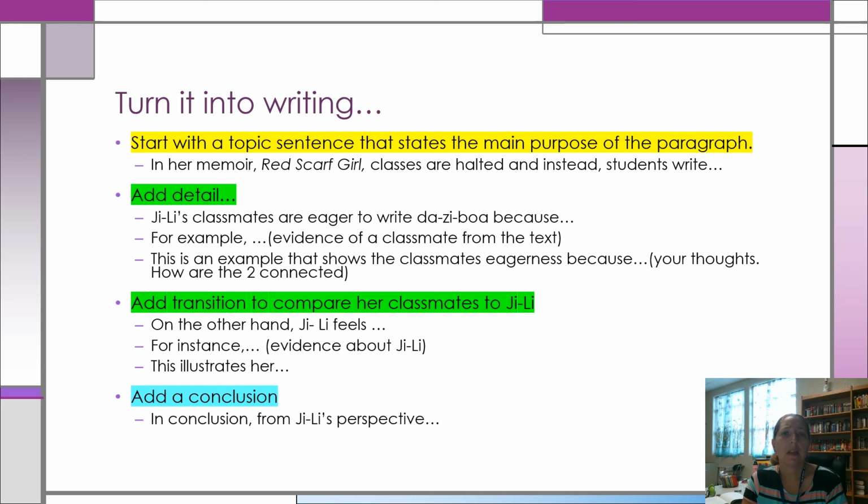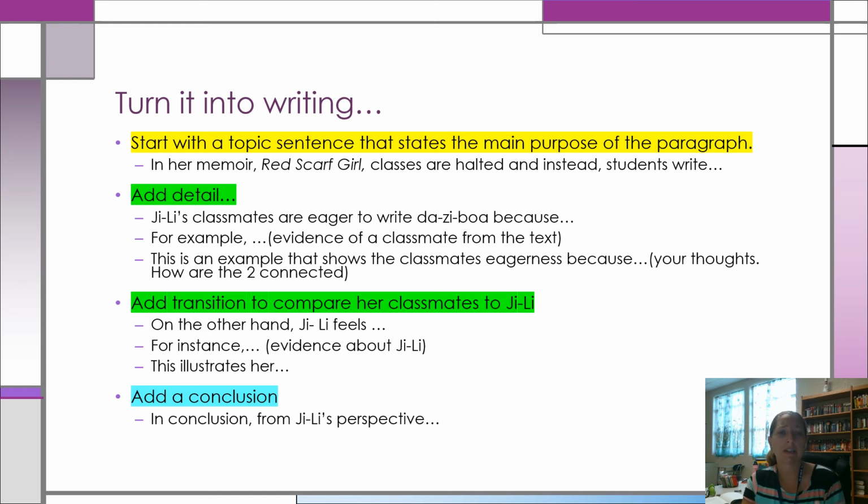All right. Then you're going to go back into that Lesson 5, Activity 5, where you had to write about it. Make sure that you start with a topic sentence that states the main purpose of the paragraph. So here's an example: In her memoir, Red Scarf Girl, classes are halted and instead students write dazibao. Or students write what? You could come up with your own words there. Then you're going to start adding detail and evidence from the text.